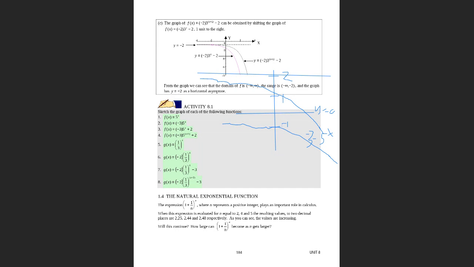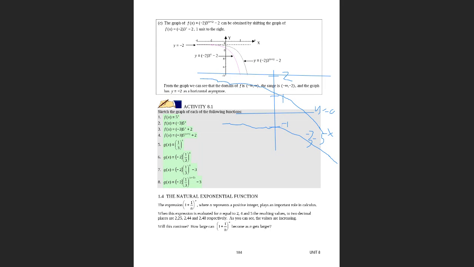Yes, sir. Okay, good. So in the same way, domain and range, as I've told you, no matter what type of exponential function, the domain is always from negative infinity to positive infinity. But when you come here, the problem is the range.